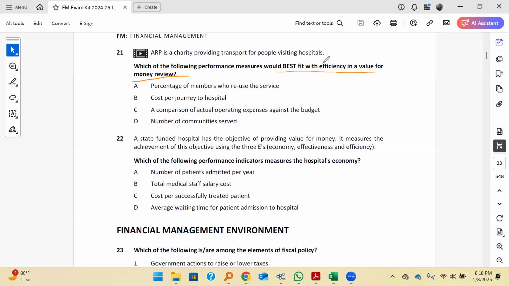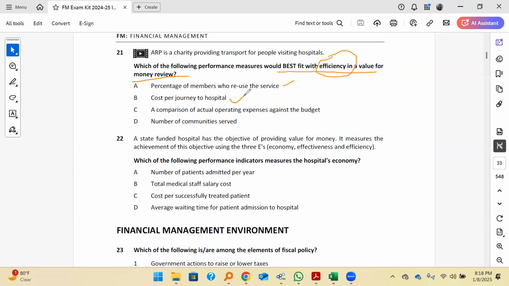We have the percentage of members who reuse the service. That is not it, because we are looking at efficiency, how you use your resources. This can actually be effectiveness, because it is like an objective. Then the cost per journey to the hospital.